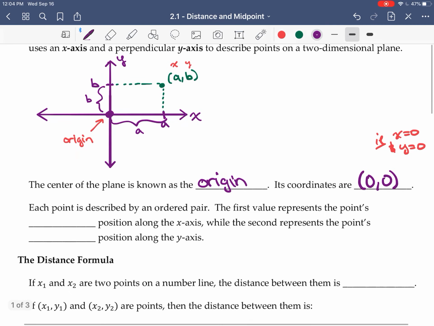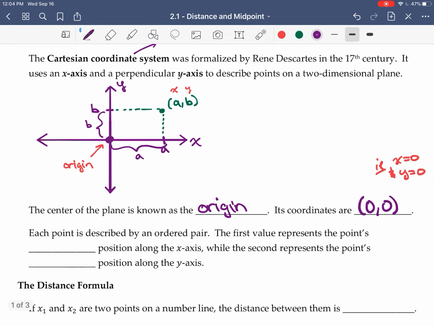Each point is described as an ordered pair, so that's what I mentioned above. The first value represents the horizontal position, so the x coordinate, while the second represents the point's vertical position. So if A is positive, then you go to the right from the origin.